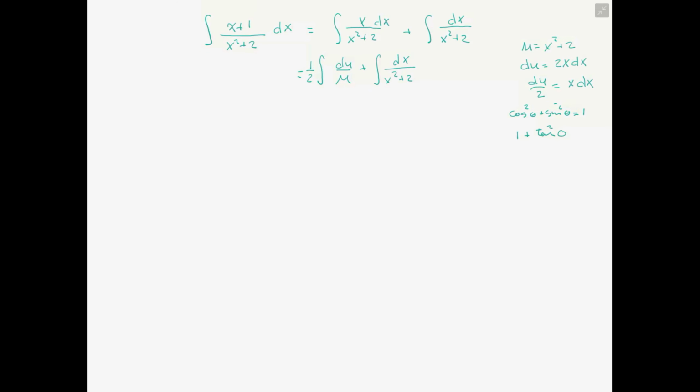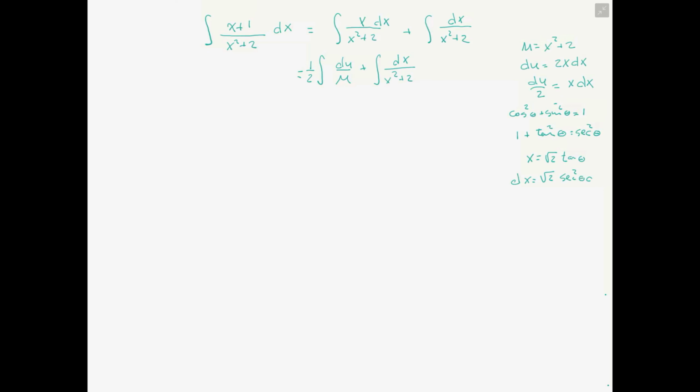We rely heavily on trigonometric identities, especially the cosine squared theta plus sine squared theta equals 1, and the variance, which is 1 plus tangent squared theta equals secant squared theta.